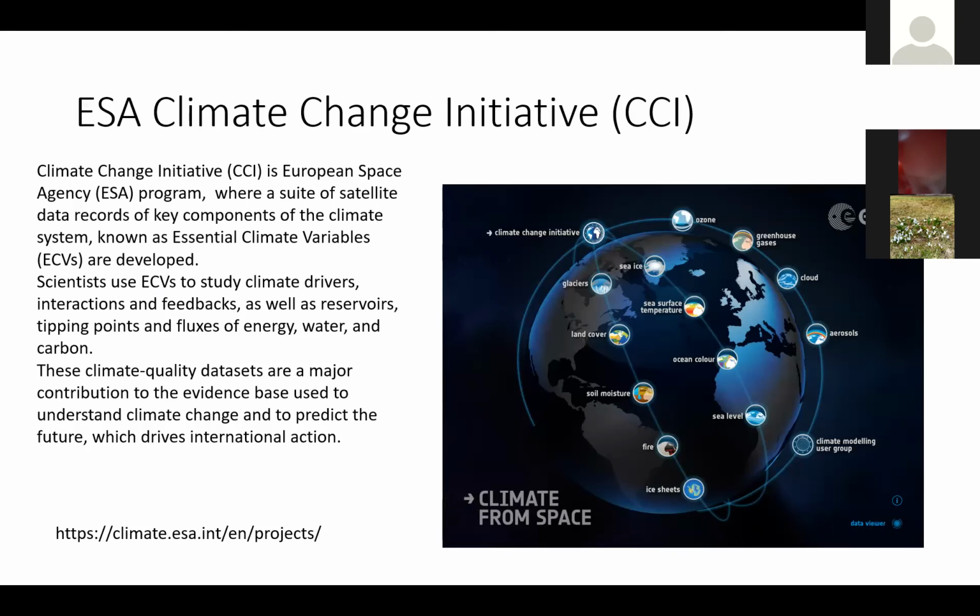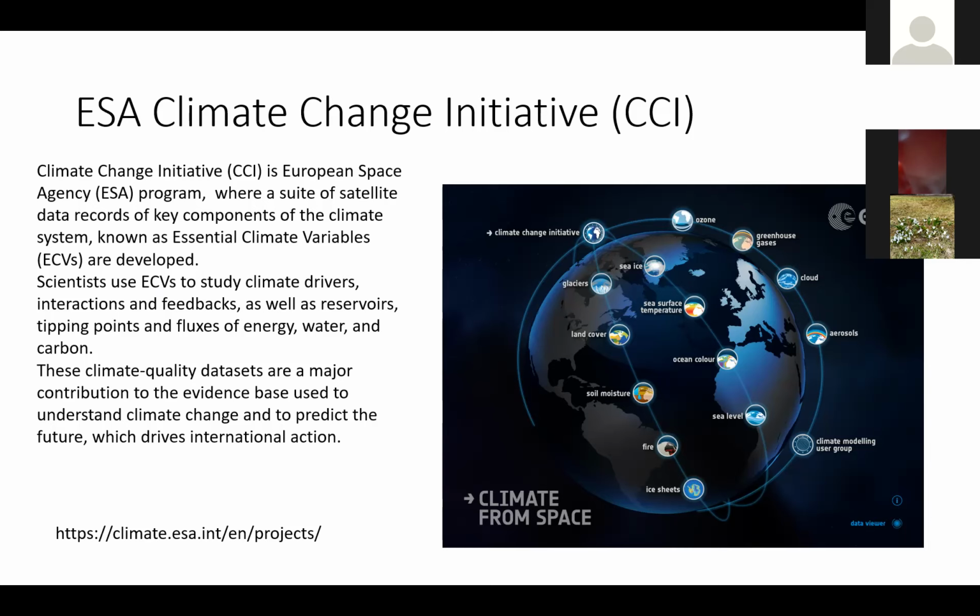Next is about different initiatives which are developed to promote the measurement system, which starts from measurement, then data processing, and the last, which is very important, is the access of the data to the users.